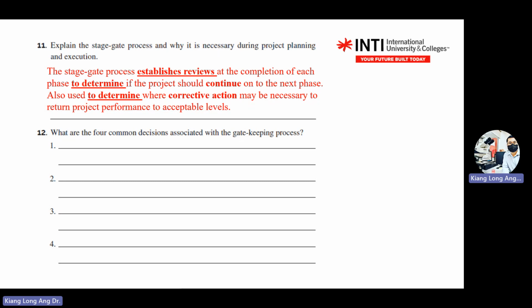Scope already approved. 4 types of decision.